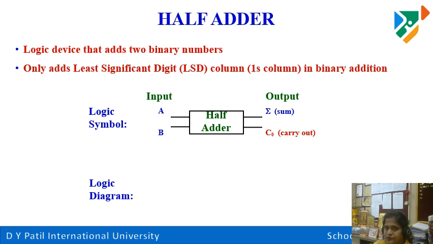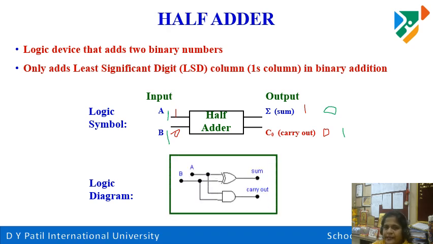Suppose you give a 1 and a 0. 1 plus 0 is 1 and the carry will be 0. If I take inputs as 1 and 1, the output will be 0 but the carry is 1. This is how it happens.